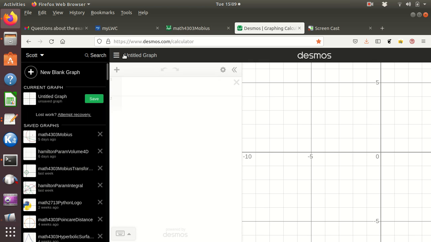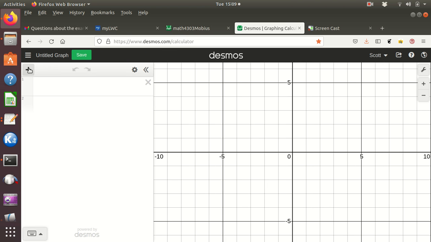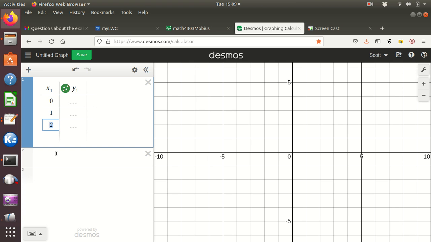Whoops, that's not what I wanted. I'll insert a table. And so, you know, I've got an x1, a y1, and if I put another one over here, it'll probably be a z1. But so let me just, as an x1, I'll put a 0, 1, 2, 4, up to 4, just like I had before.